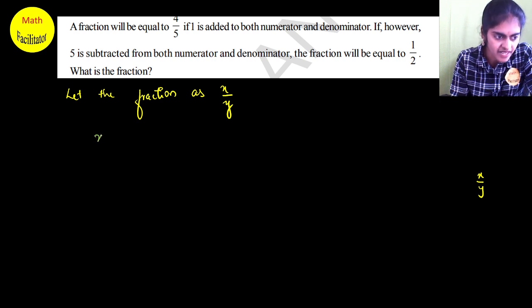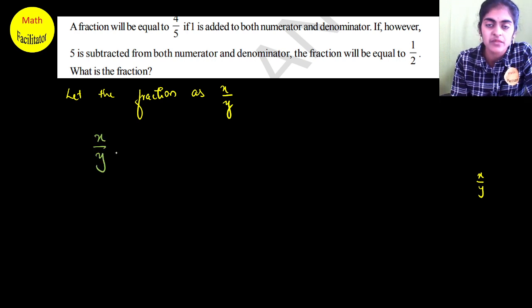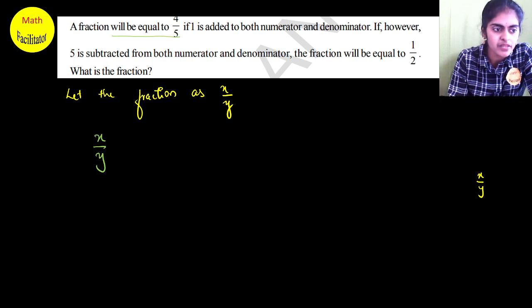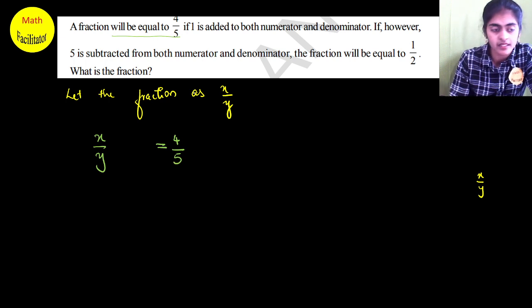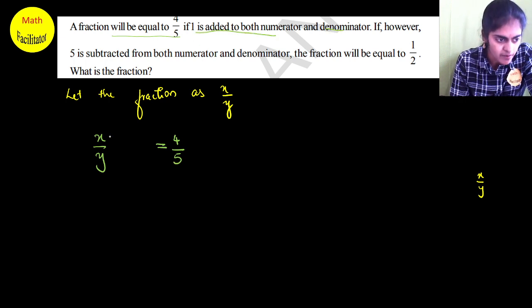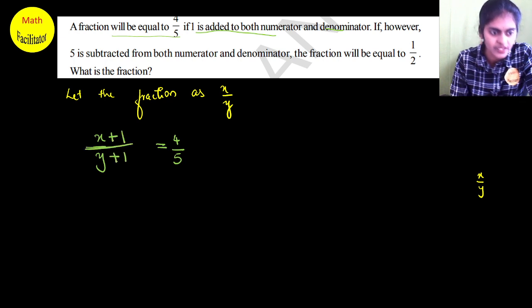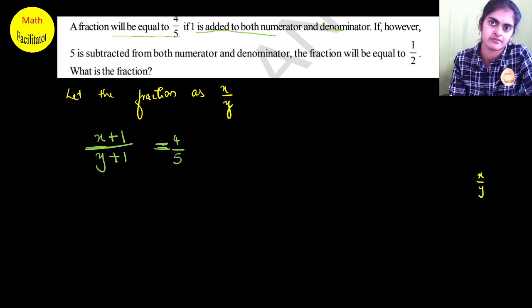They are saying this fraction will become 4 by 5 if 1 is added to both the numerator and denominator. So if I am adding 1 to the numerator and 1 to the denominator, then the fraction is becoming 4 by 5.